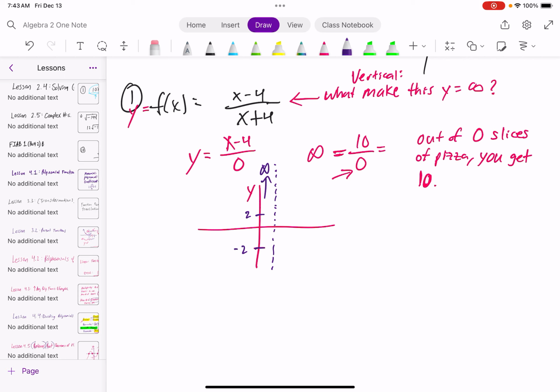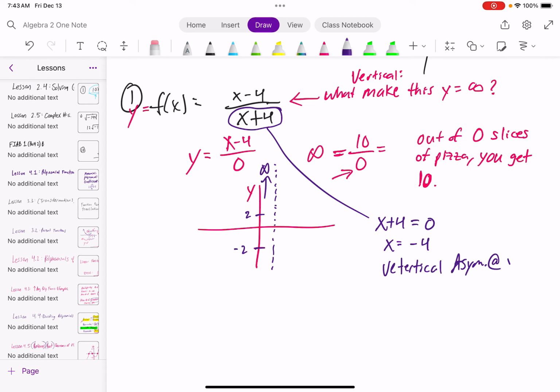Now, how can we make x plus 4 equal 0? Well, x plus 4 equals 0 when x is negative 4. So we have a vertical asymptote at x is negative 4.